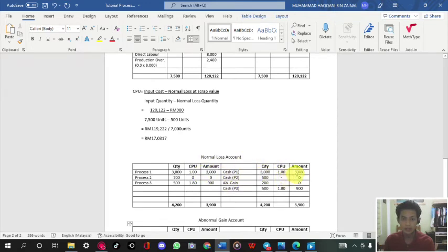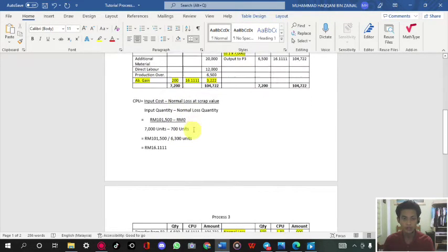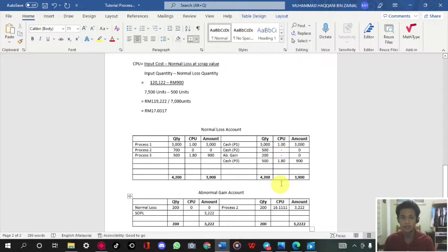For process 2, we have an abnormal account, so we divide it into 2, which is cash and abnormal gain. The amount is 0, we just need to write off. Then we add process 3 with 500 quantity and 900 ringgit into the credit side. So the balance is like this, and it's the same.